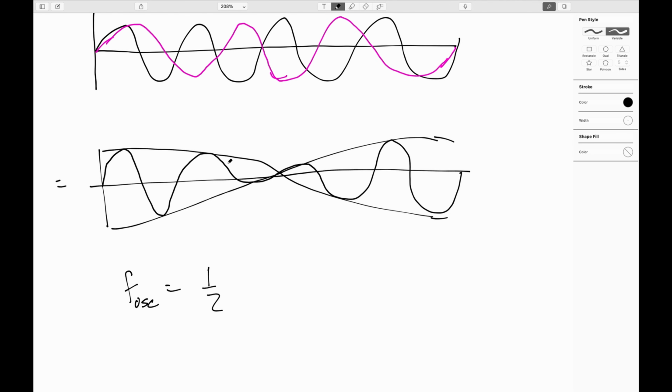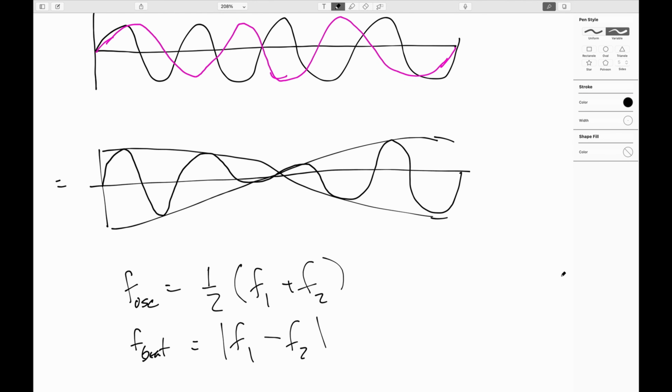The frequency of this carrier wave here will be the average of your two sources, but the frequency of the warbling, the one over the period from here to there, called the beat frequency, turns out to be the absolute value of the difference of the frequencies.